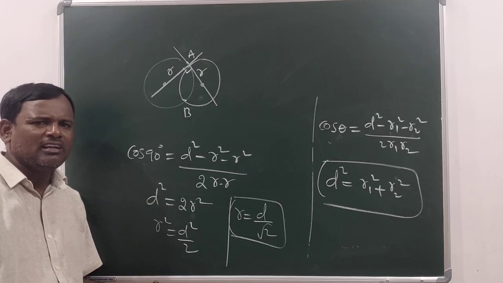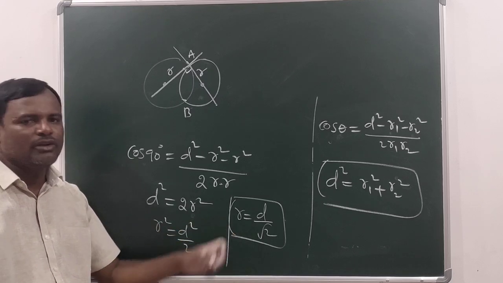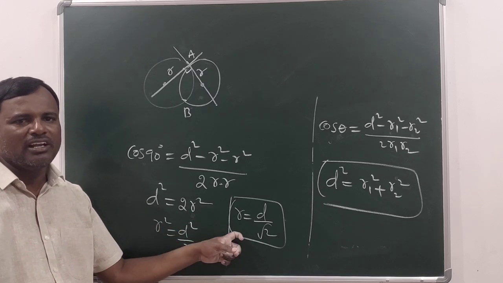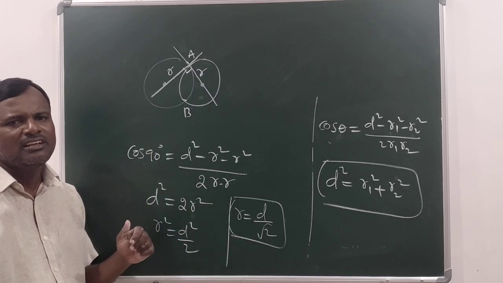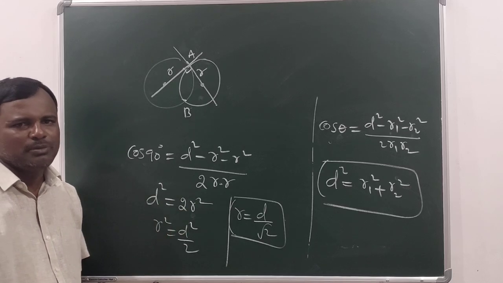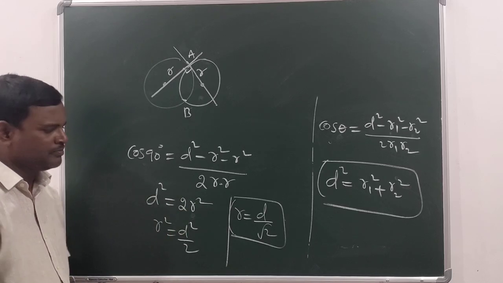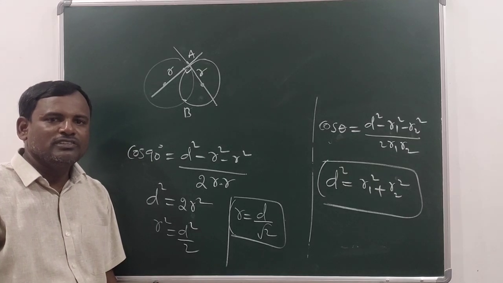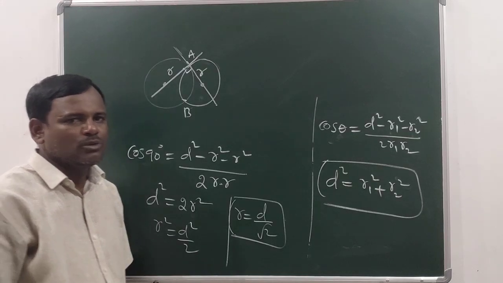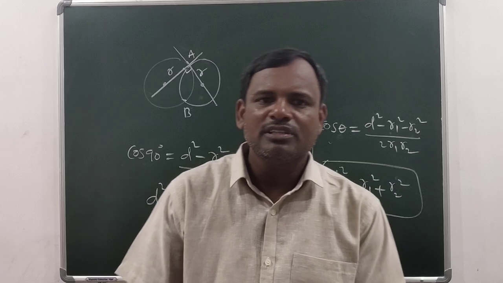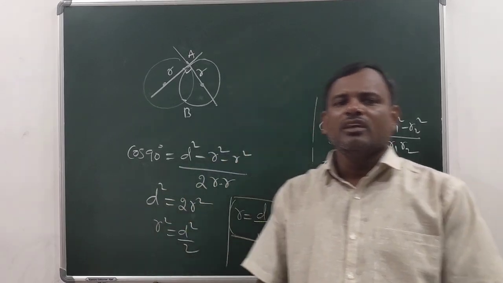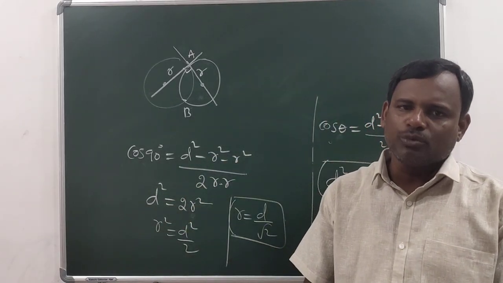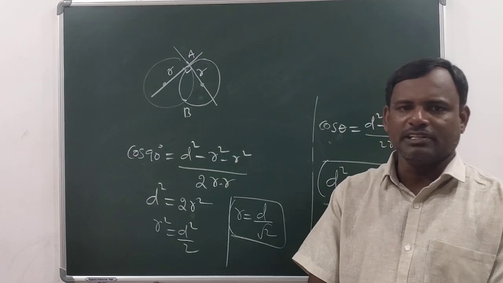For such circles, r equal to d by root 2, where r is the radius of the circle and d is the distance between their centers. This is the first objective of this system of circles. Now let us go to the second objective, that is, the radical axis of two circles and its properties.